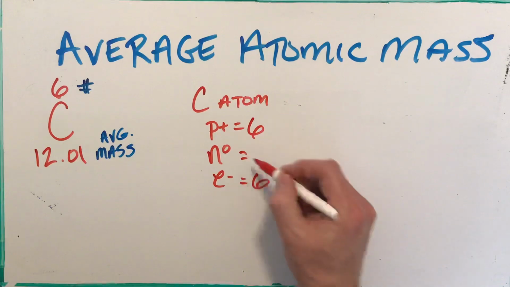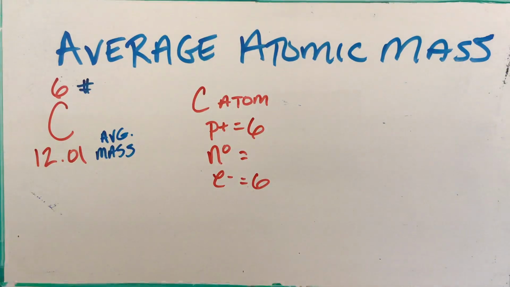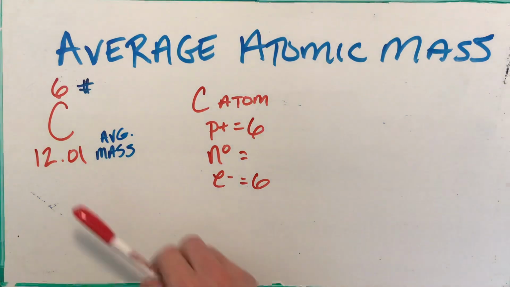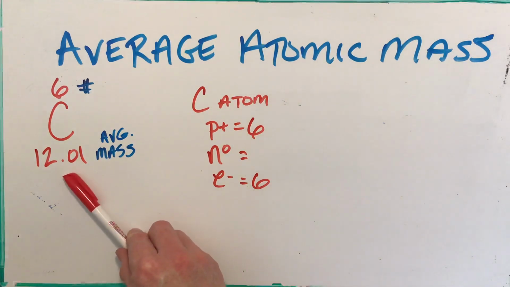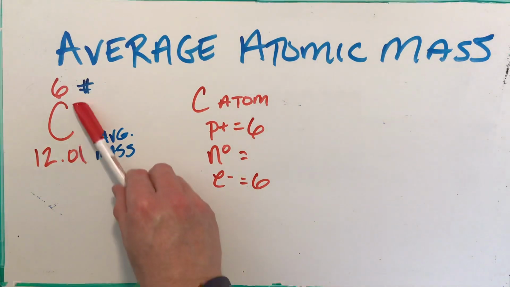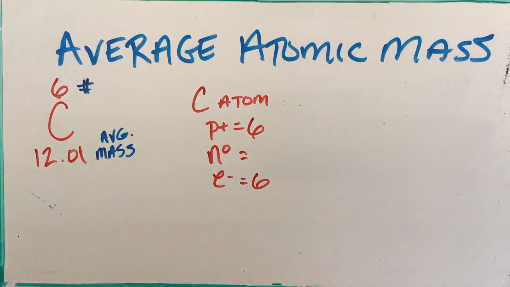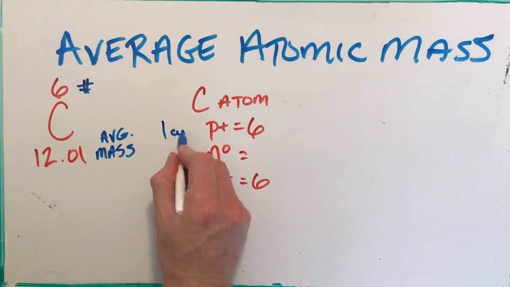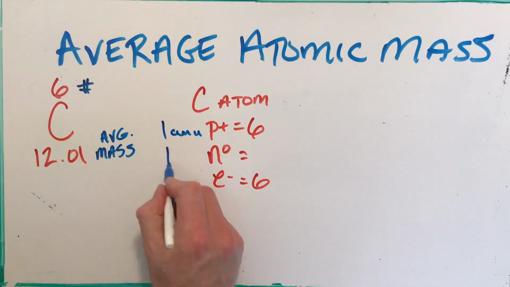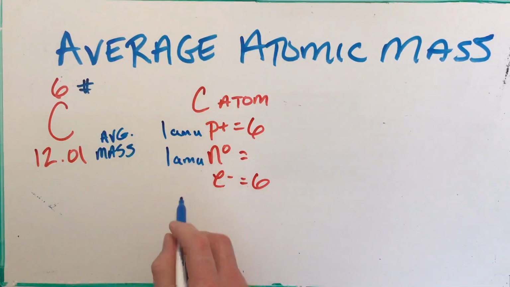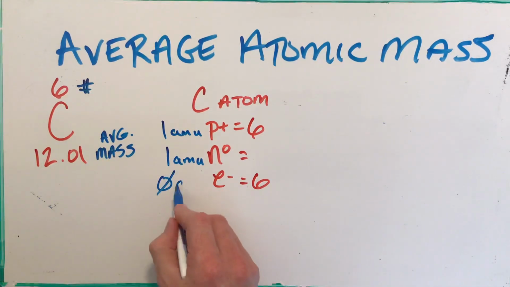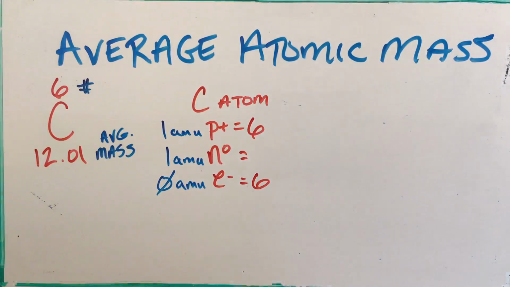And then we also have neutrons. They have no charge. So I put a little 0 there by the end. To figure out the number of neutrons, I simply take the mass number, which is 12, and subtract the atomic number, which is 6, right? Because we know in terms of their weight, a proton is 1 atomic mass unit, a neutron is 1 atomic mass unit, electron is basically 0.